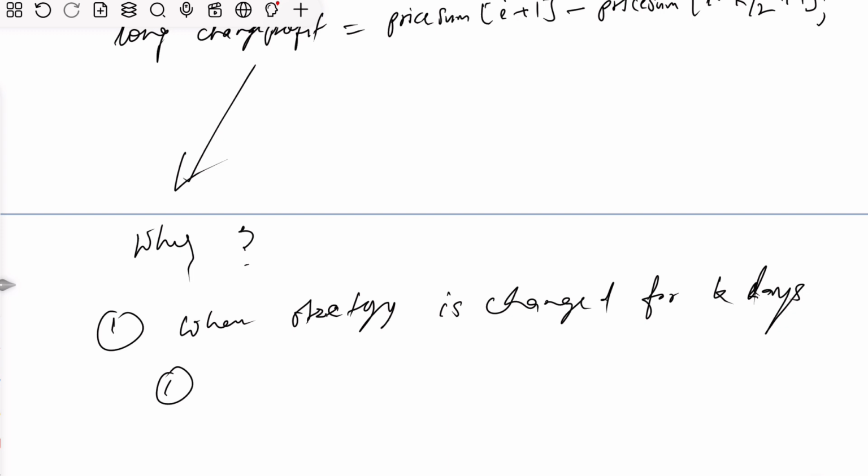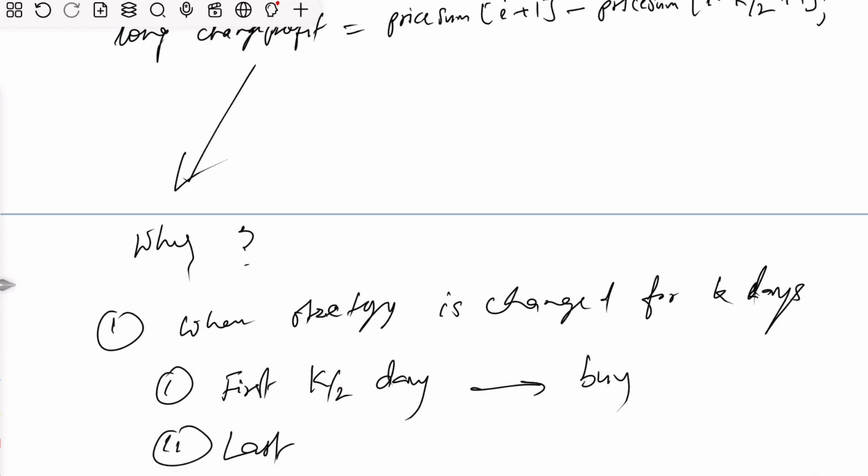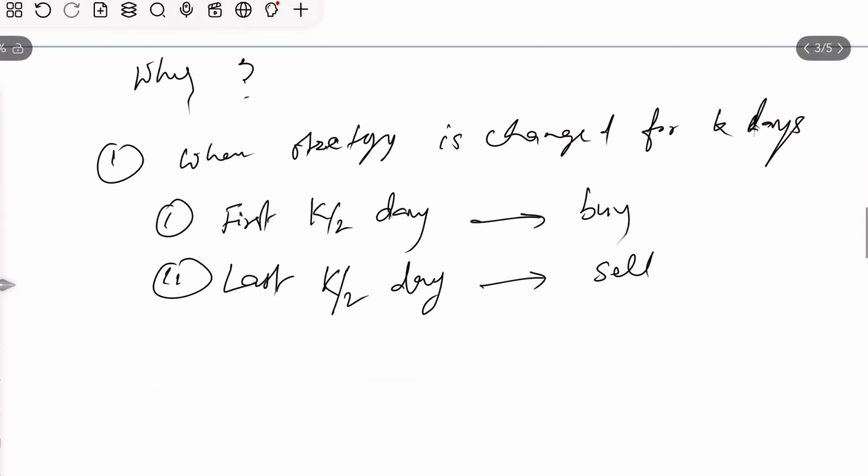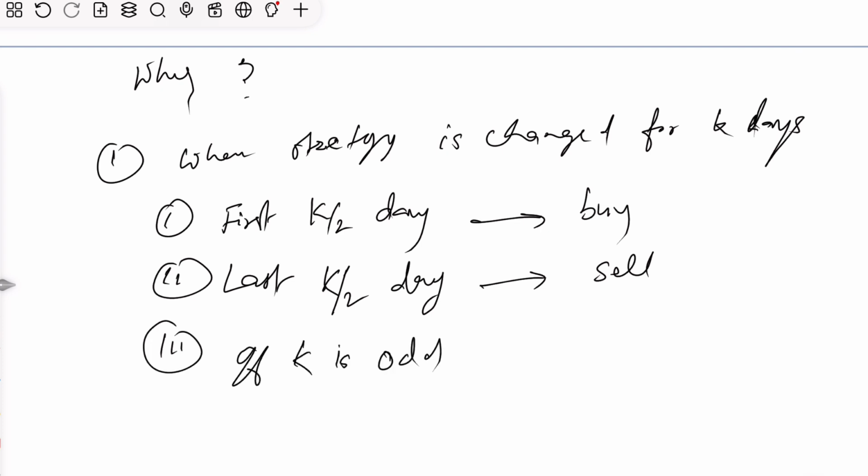The very first thing is, we'll say first k by 2 days are to buy, right? The last k by 2 days are to sell, and if k is odd, the middle day is ignored, right?